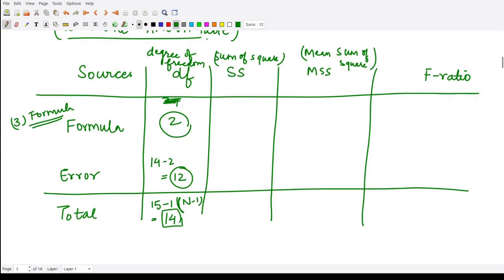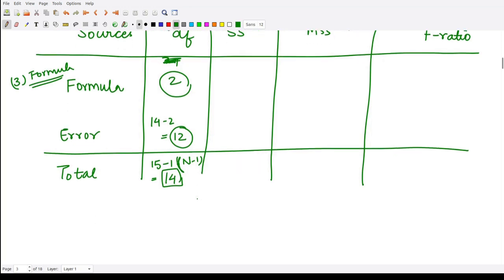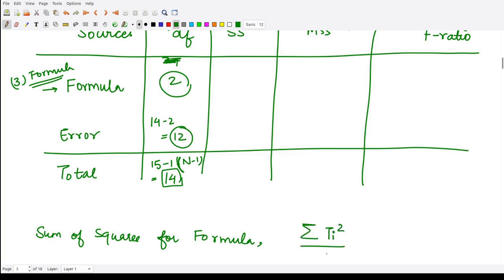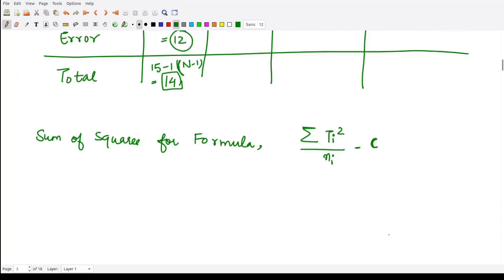So first of all, let us calculate the sum of squares for formulas. It is calculated using the formula summation Ti square divided by ni, minus C. Now what are these terms?